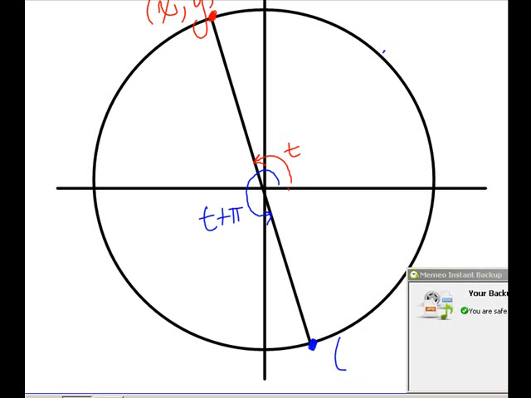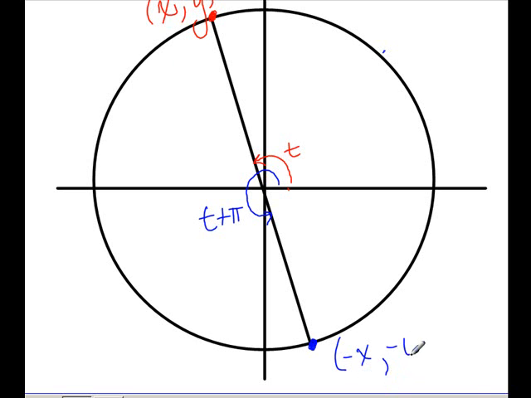Well, the x value has to be a positive number for T plus pi. So whatever x is for angle T, angle T plus pi has an x coordinate of minus x. Same thing with y. The y coordinate is going to be the opposite of the y coordinate.